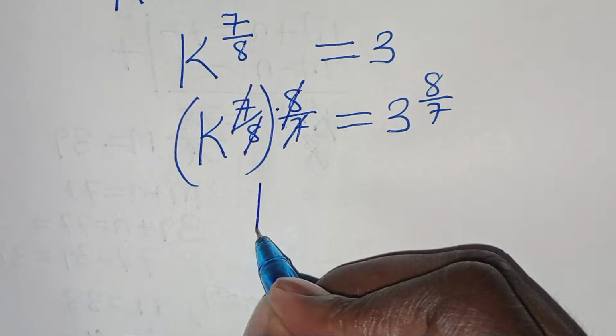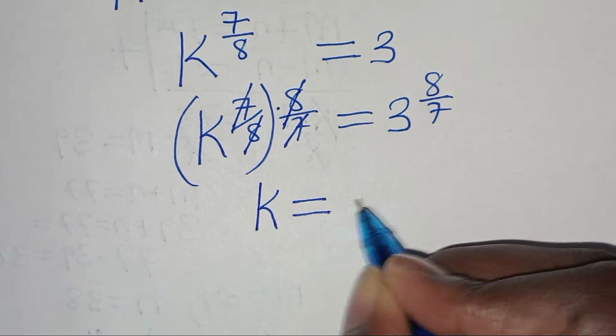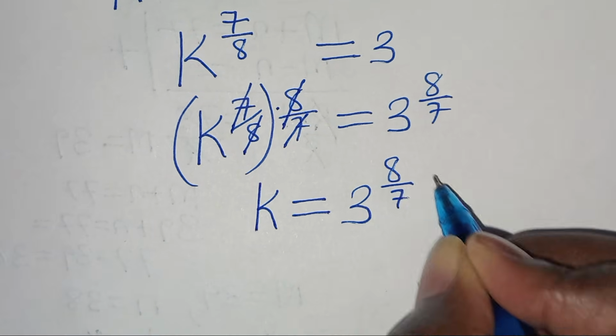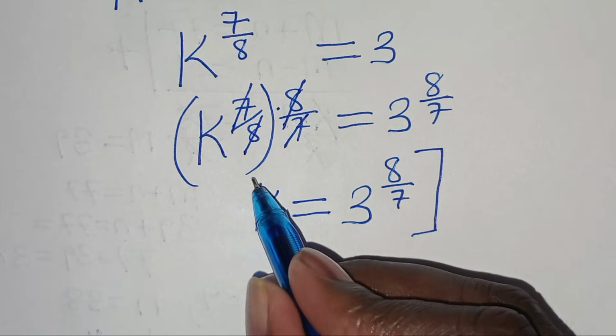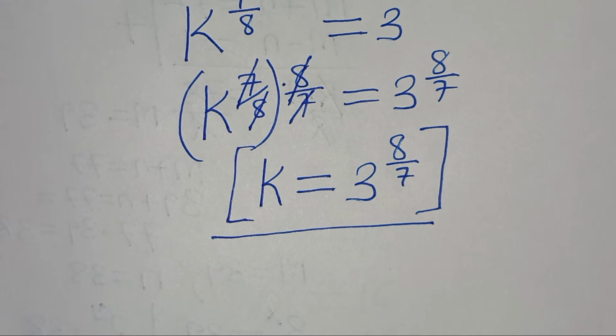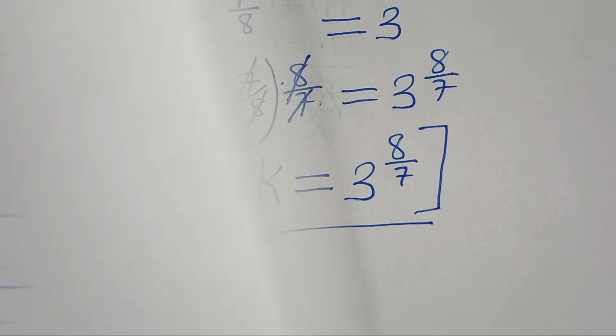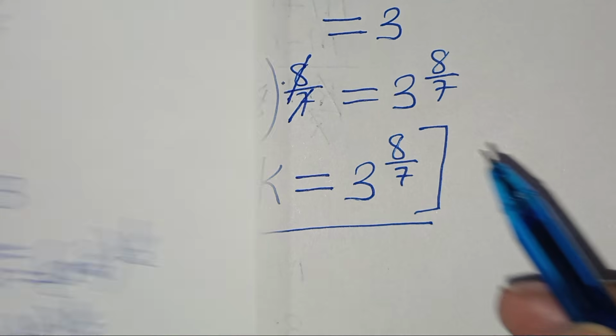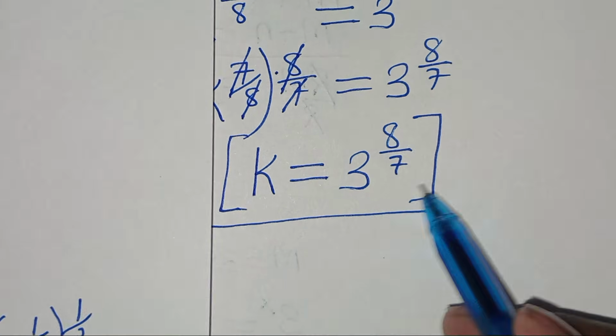So we have k is equal to 3 to the power of 8 divided by 7. So this is the value of k by applying method 2. So both method 1 and method 2 give us the same value of k.